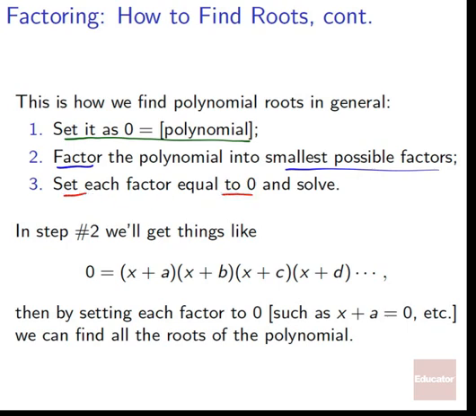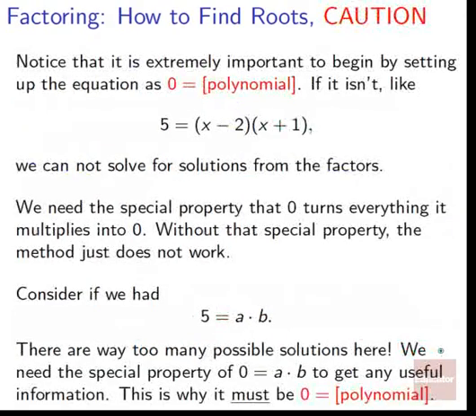So in step number 2, we're going to get things like 0 equals x plus a, x plus b, x plus c, x plus d, and so on. And then in step 3, we set each factor to 0. So we get things like x plus a equals 0, at which point we can solve and say, oh, x is equal to negative a. That's one of our possible solutions. And from there, you can work out all the roots of the polynomial.